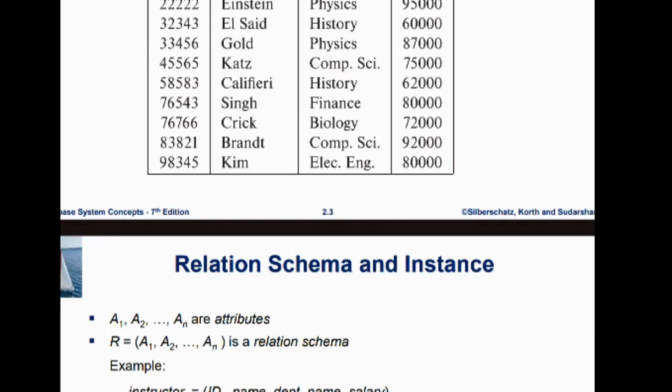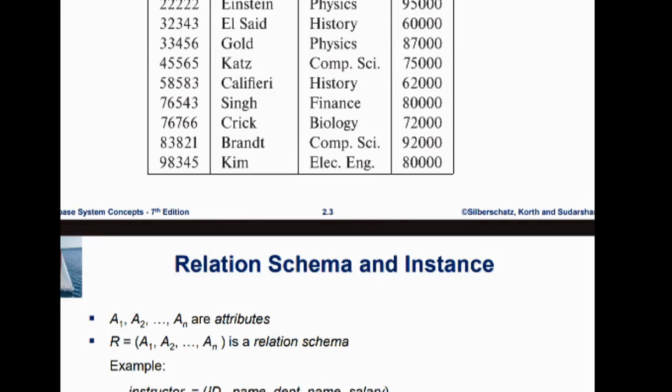Attribute values are normally required to be atomic. What is atomic? Indivisible. It is not possible to divide it further. The special value null is a member of every domain. Null simply means an unknown value.